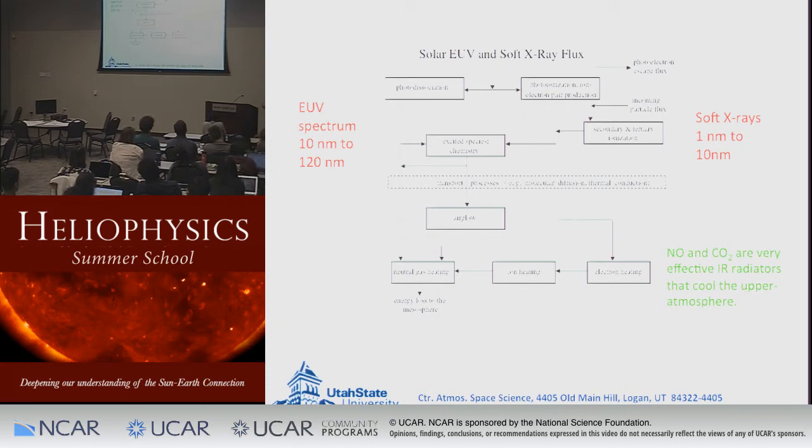So during a big storm, this kind of process, although it's just photons and neutrals, gets very complicated. And as I said earlier, NO, and in the case of the two terrestrial planets, Mars and Venus, CO2, are great radiators. So this energy budget is controlled to some extent by what you've got here.